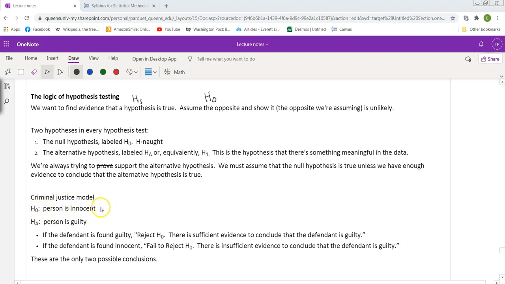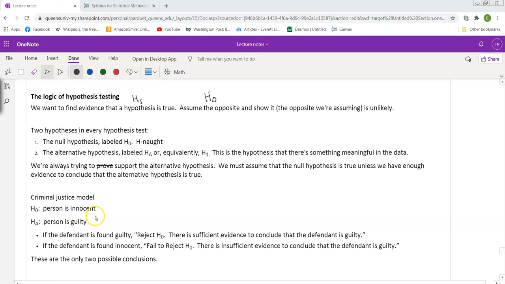So, if the defendant is found guilty, they say, no, this is not reasonable to conclude H0. There is sufficient evidence to conclude what this alternative hypothesis says. Okay, and we phrase that as reject H0. There is sufficient evidence to conclude that the person is guilty, or whatever this alternative hypothesis says.